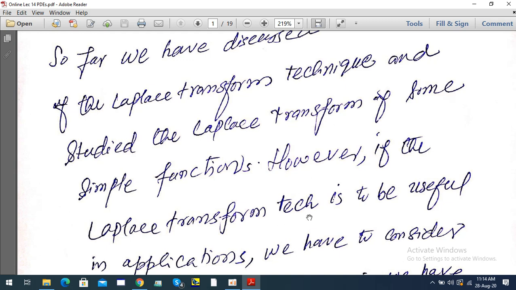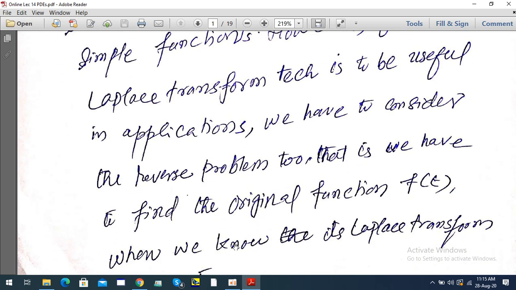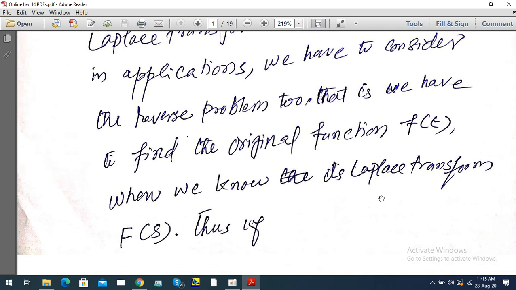However, if the Laplace transform technique is to be useful in applications, we have to consider the reverse problem too. That is, we have to find the original function f of t, because after applying Laplace, you will have this F of s. So again, we need this to bring it to the original function, f of t.